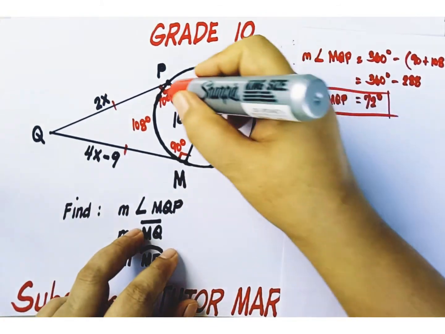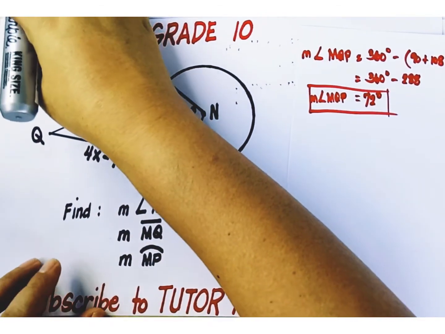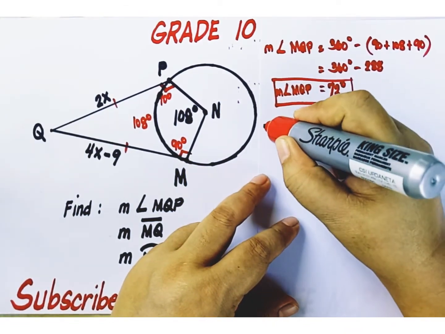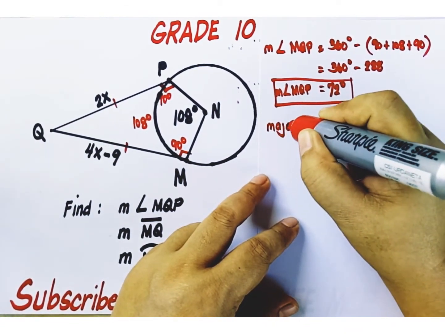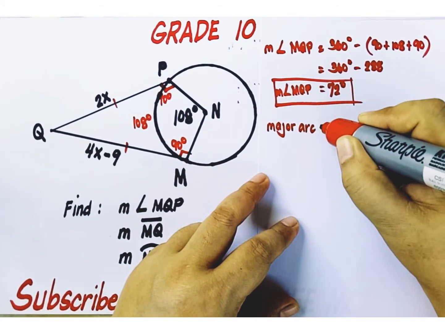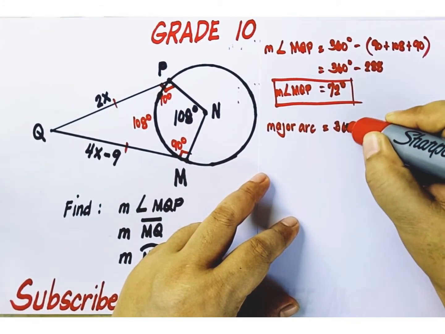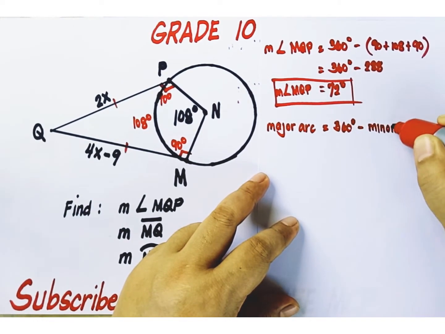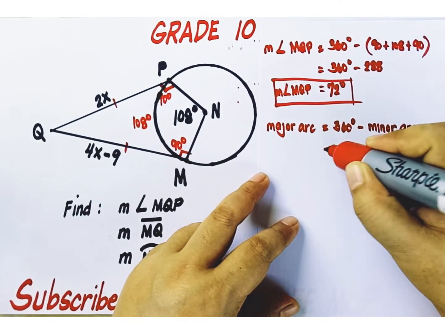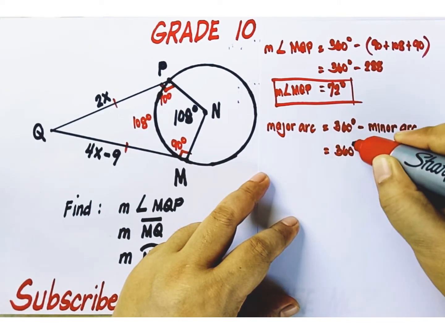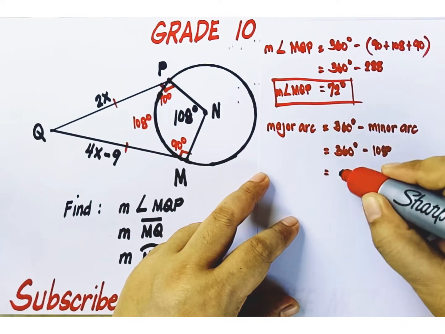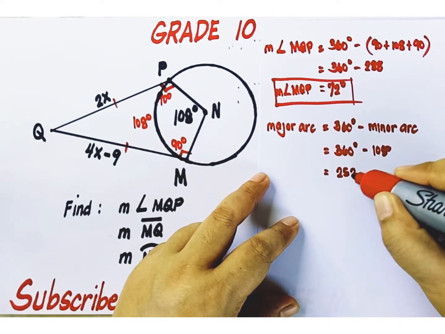Okay, so this major arc is equal to 360 minus the minor arc MP. 360 minus 108 is equal to 252 degrees.